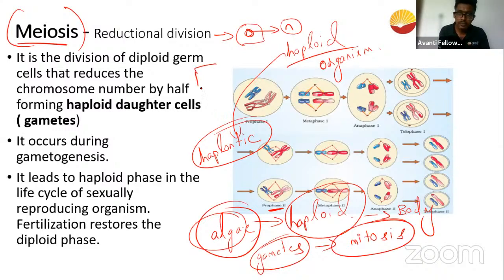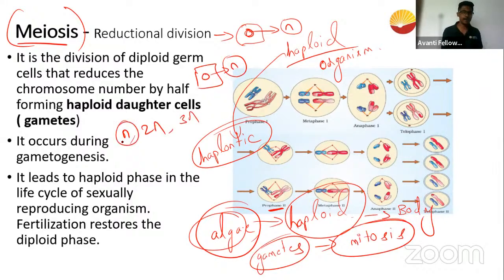My cell has only one set of chromosomes, which I call n. In our biology, there is room for n or 2n or 3n, but it cannot go below n, because n is the complete set of chromosomes. So below n there is no way possible. It has to maintain the number of chromosomes.